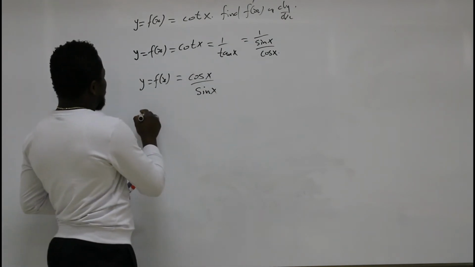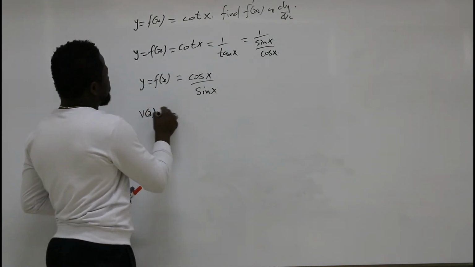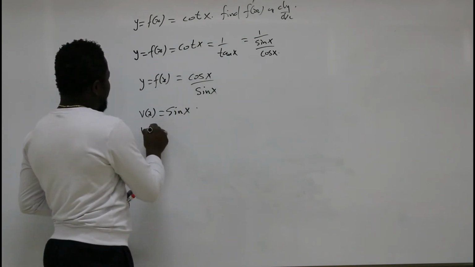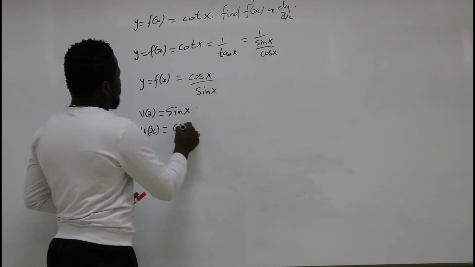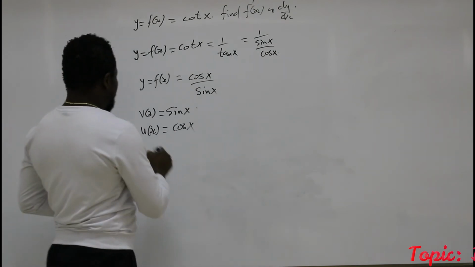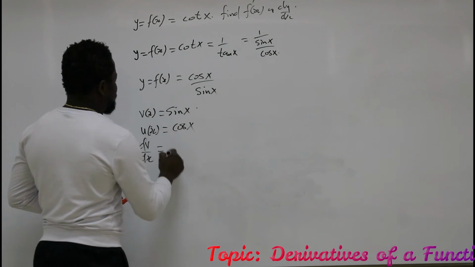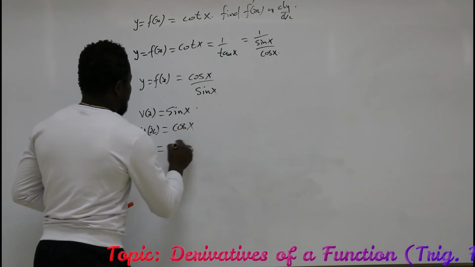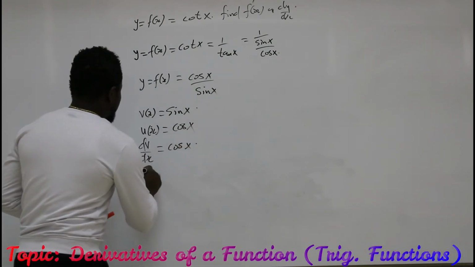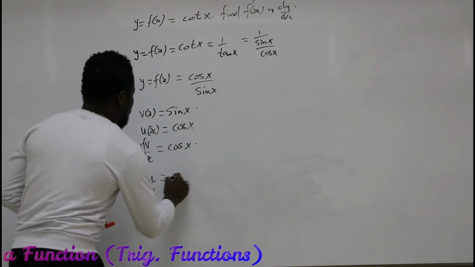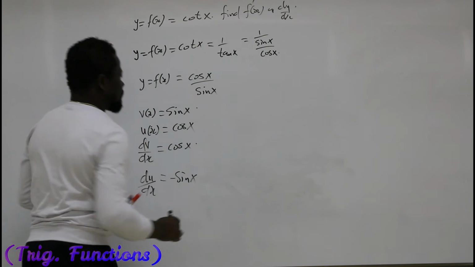So I am going to have my v of x to be sine x, and then u of x to be cos x. And I'll find the derivative of each of the functions. The derivative of v is cos x, and the derivative of u is going to give me negative sine x.